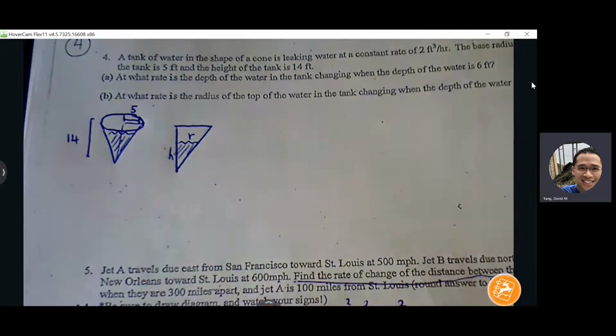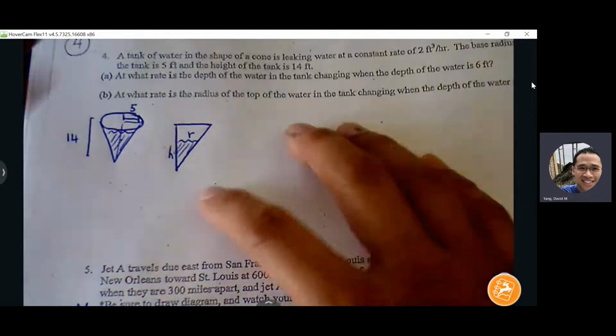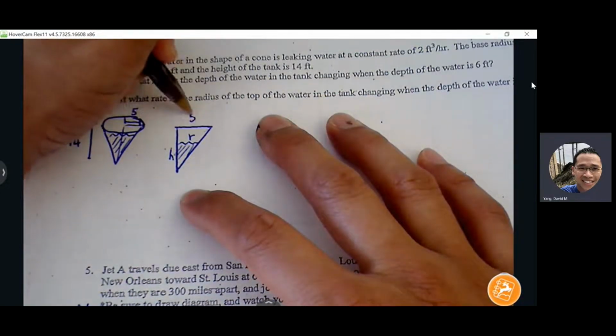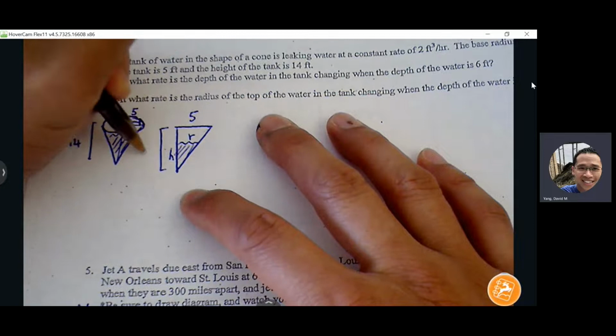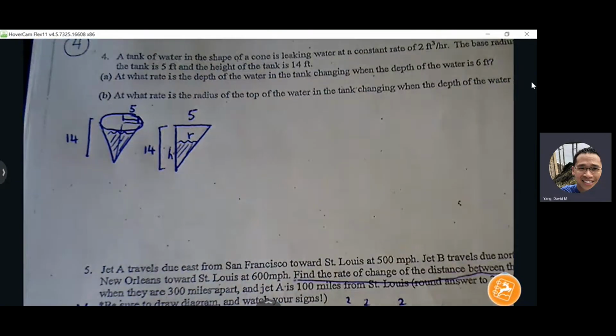R and H represent the radius and the height of the smaller cone formed by the water level. We know that water level is constantly changing, so we want to leave that R and H as variables to indicate that it's changing over time. But the container is staying consistent with a radius of 5 and height of 14.